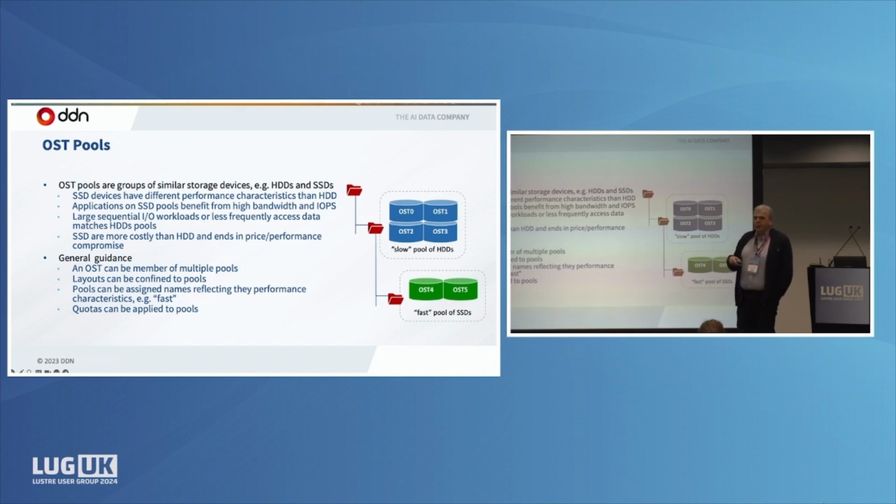And you hope your system administrator will take all of the hard drives, create a pool, and give it a name which is more consumable, hence, maybe slow or hard drive or archive, for example. At the same time, your administrator will then collate all your SSD media together on your OSTs and create, say, a fast or IOPS bound or whatever, scratch pool. And people who write into a pool which is named fast will get a different performance characteristic.